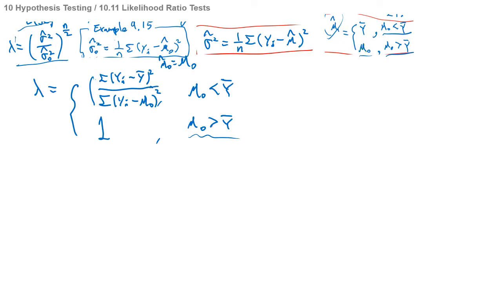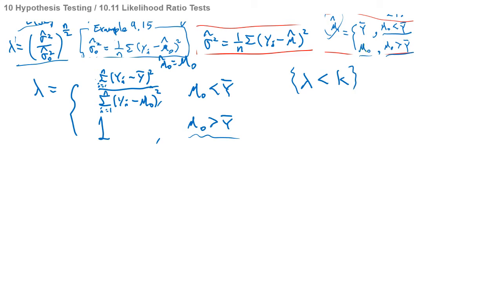Okay, so we will have something like this, and this summation is of course from i equals 1 to n. Okay, and from here actually the rejection region can be selected from lambda is less than k.